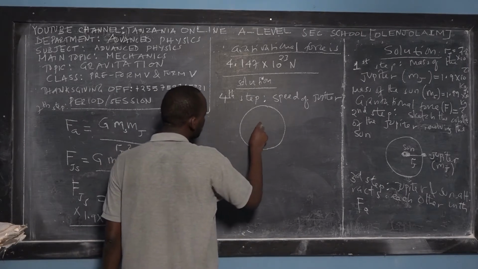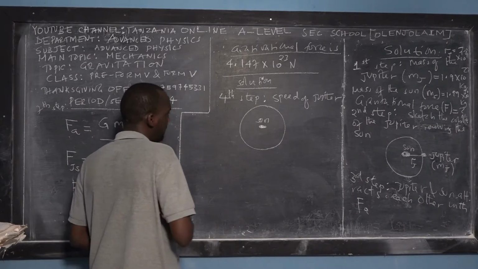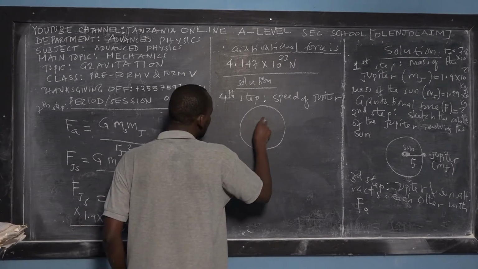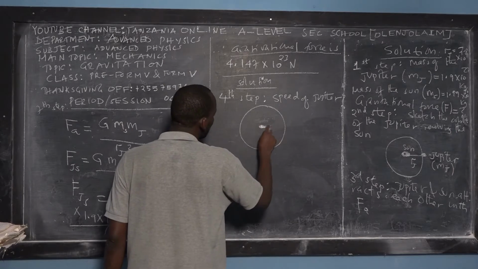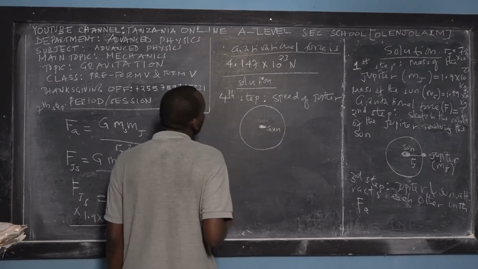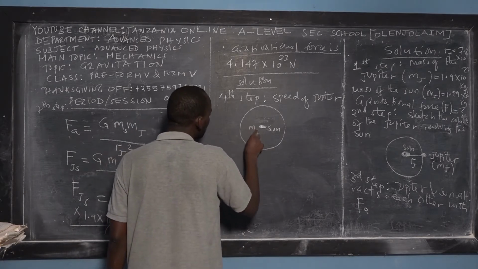an orbit like this. This is the sun, and here we have the mass of the sun.